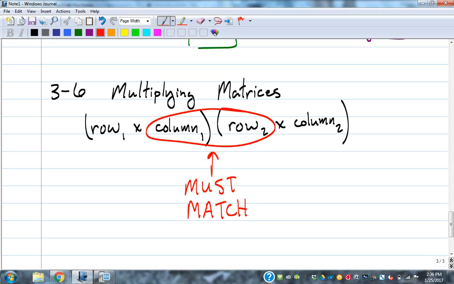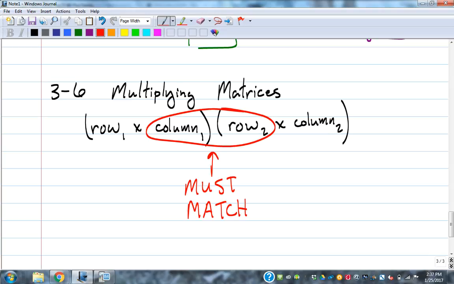Another rule that's different with matrices than with regular numbers. Regular numbers, if you say 3 times 2, you get 6, right? But if you do it the other way around, 2 times 3, you still get 6. Doesn't work that way with matrices. Matrix multiplication is not commutative, so you can't swap the order. So you've got to be careful about that when we go to put that in and work it out.